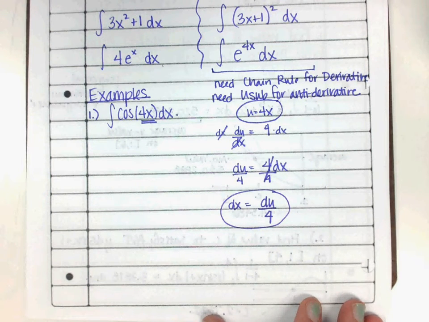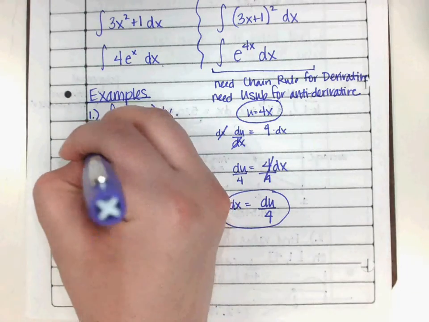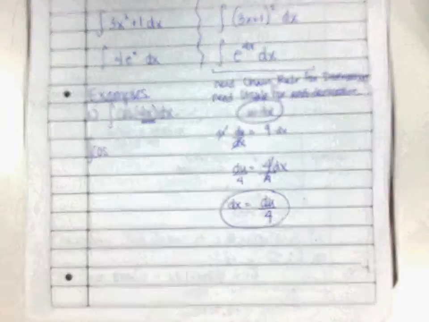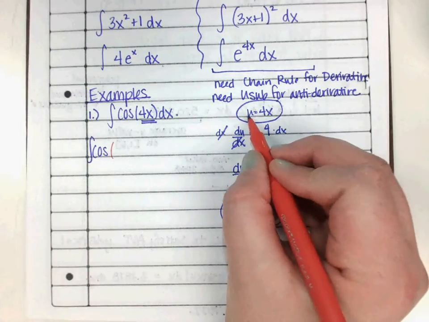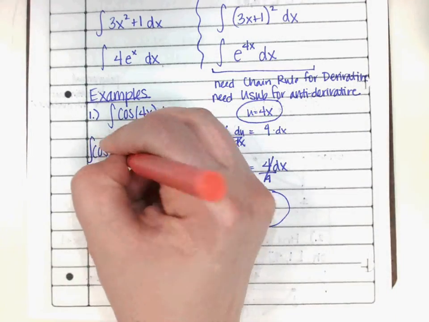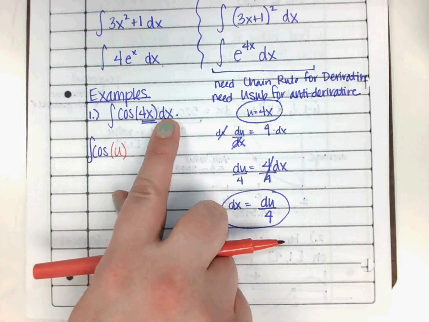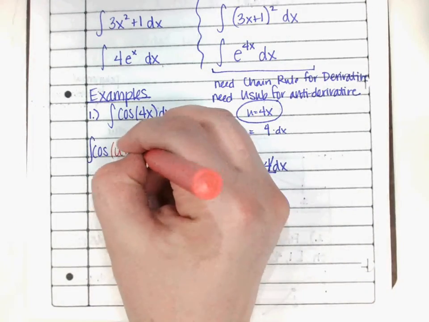Using those 2 substitutions, I'm going to change my integral from x stuff to u stuff. So here's what it's going to look like. I'm going to take the integral of cosine, but instead of a 4x, what am I going to put in its place? Well, remember, u is 4x, so now it's just u. And then instead of a dx, what is dx equal to now? du over 4.